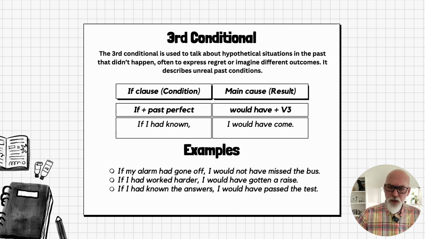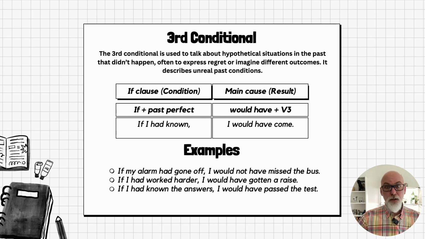So what's the structure here? The if clause, the condition, we use if plus the past perfect. That's pretty difficult. The main clause, we use would plus have plus verb 3.